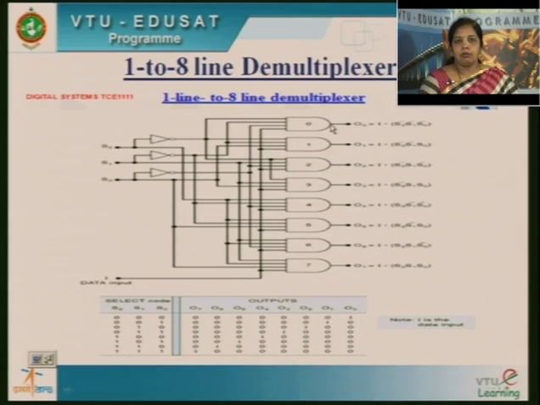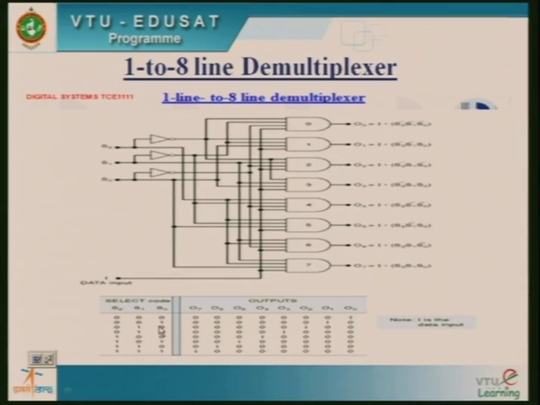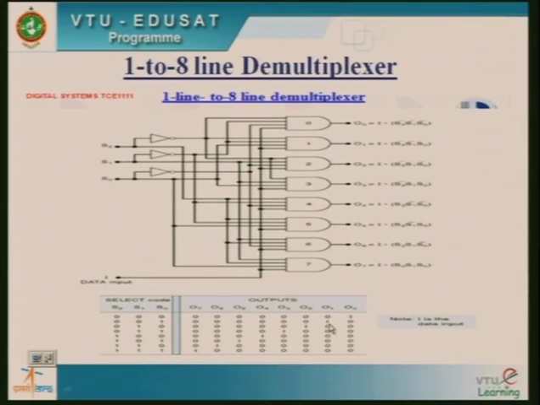So the first AND gate output will be enabled, and you get this output as logic 1. If it is 0 0 1, similarly second, third, fourth, 5, 6, 7. As such, based on these 3 inputs, one of the output AND gates will be enabled and you will get that particular output. So this is the design of the 1:8 line demultiplexer.